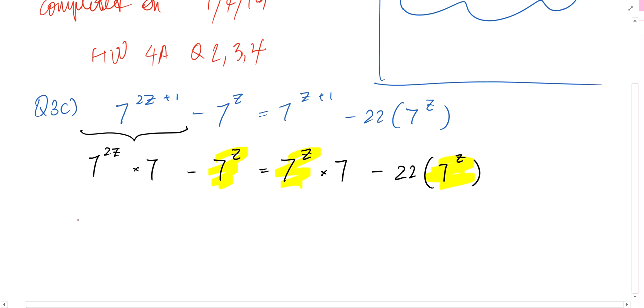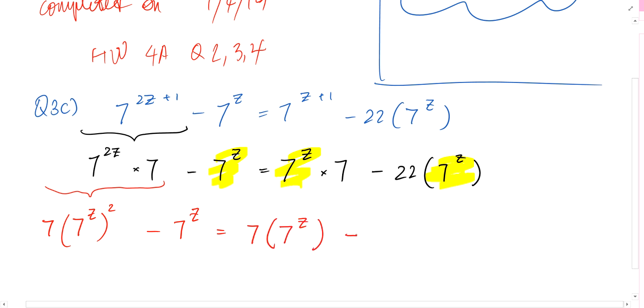So this gives me 7 to the power of z, squared, then multiplied by 7. Then minus 7 to the power of z equals 7 times 7 to the power of z minus 22 times 7 to the power of z.